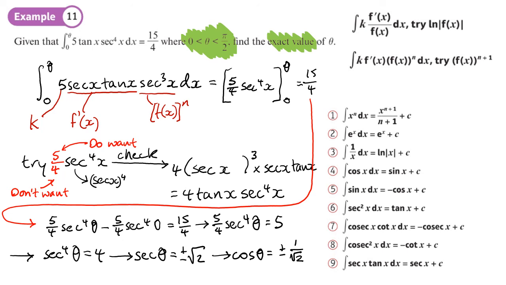So I'm going to do the cos inverse of 1 over root 2 and see what comes up. That comes up as pi over 4. Perfect. That's the solution I want. There's no point trying negative 1 over root 2 or using a CAST diagram. I've got it straight away, pi over 4. So let's write that down. Theta equals pi over 4.